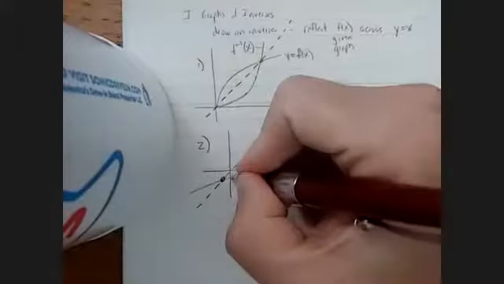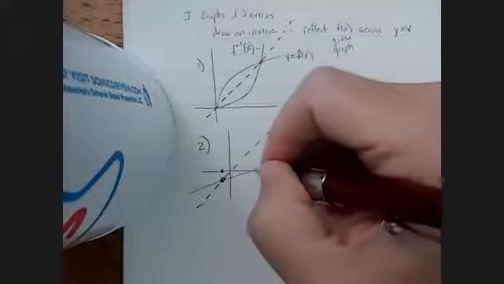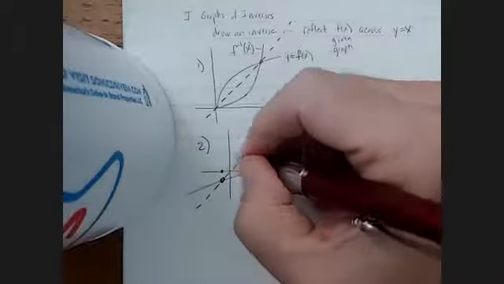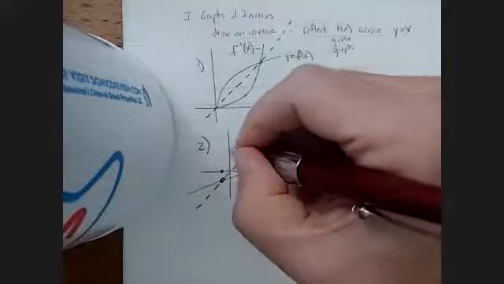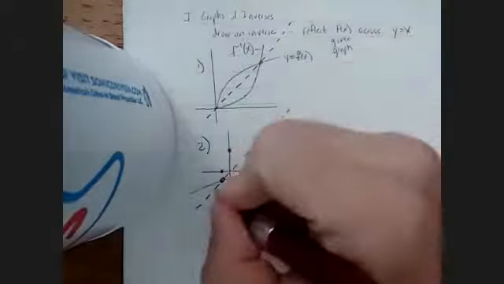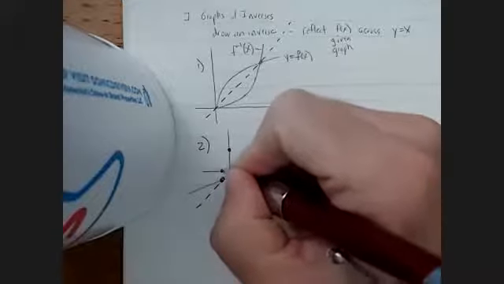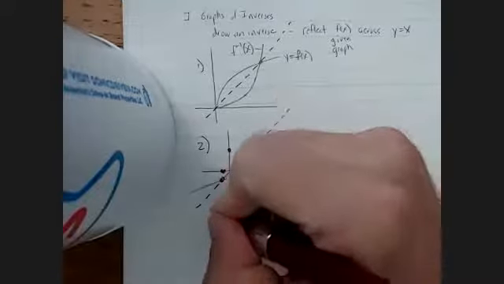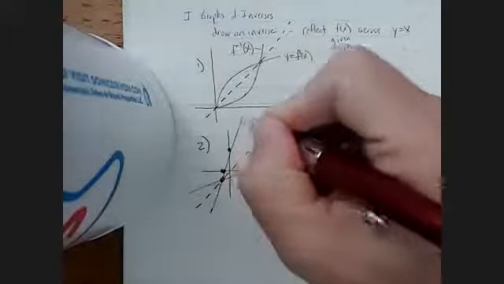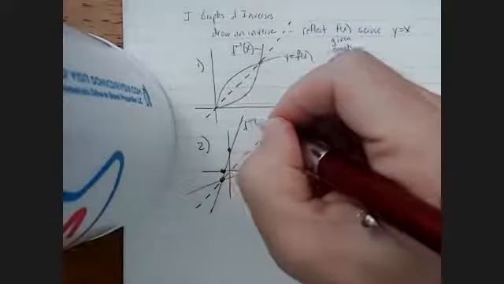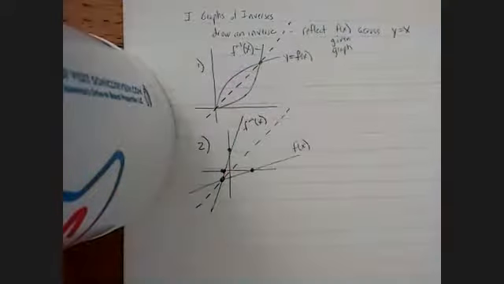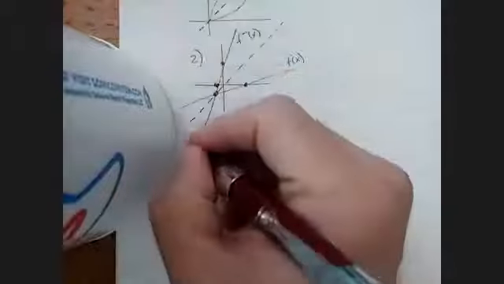And then you can just pick some key points to reflect across. So that point becomes that point, and you kind of get the hang of it from there. That point should be over a little bit more like that. So there's our inverse of x. Again, reflected across y equals x to make the inverse.